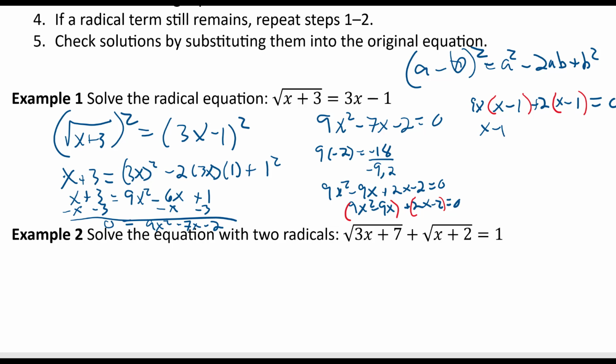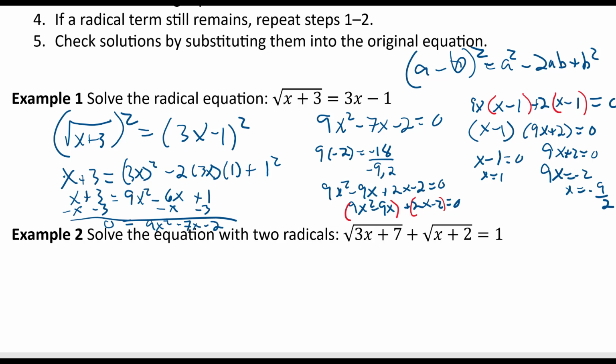So I get x minus 1 times 9x plus 2 equals 0. And if we set these equal to 0, x minus 1 is 0, means x equals 1. 9x plus 2 equals 0 means 9x equals negative 2, or x equals negative 2 ninths.